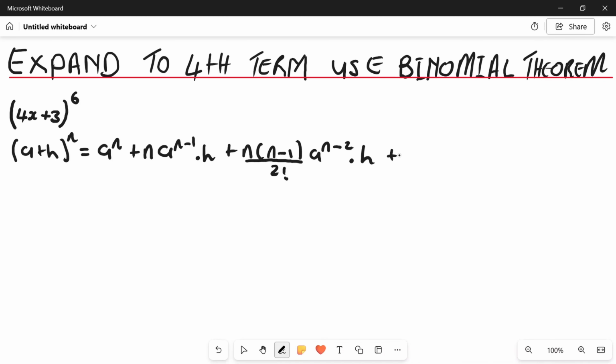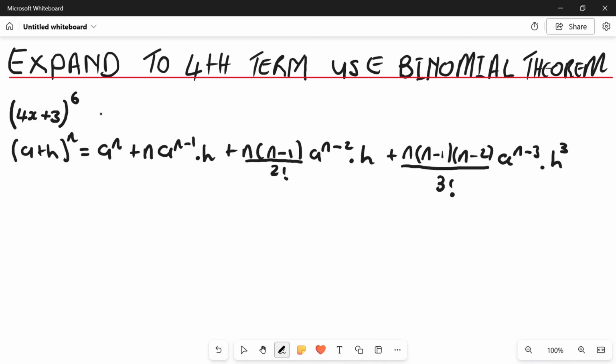Now the last term is going to be n multiplied by n minus 1 multiplied by n minus 2 divided by 3 factorial, a to the power of n minus 3 multiplied by h to the power of 3.